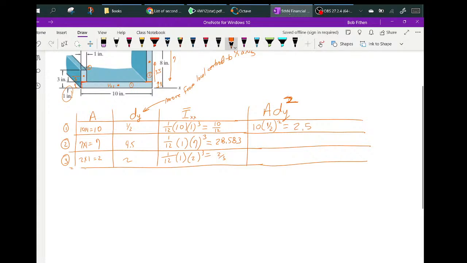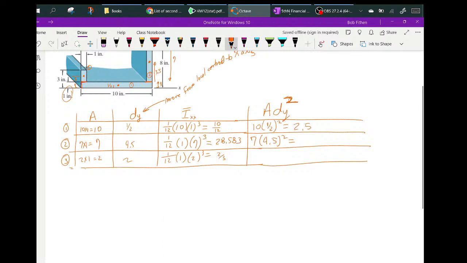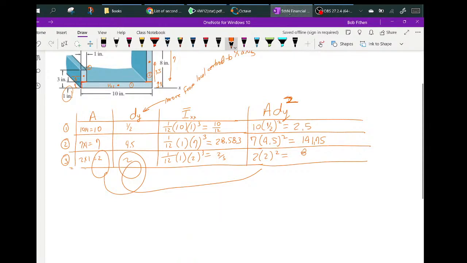The A over here is 7, times the distance I've got to move, 4.5 squared, gives me 141.75. And then 2 times the distance I've got to move squared, 2 times 2 squared. Why am I doing that? That's just 8.